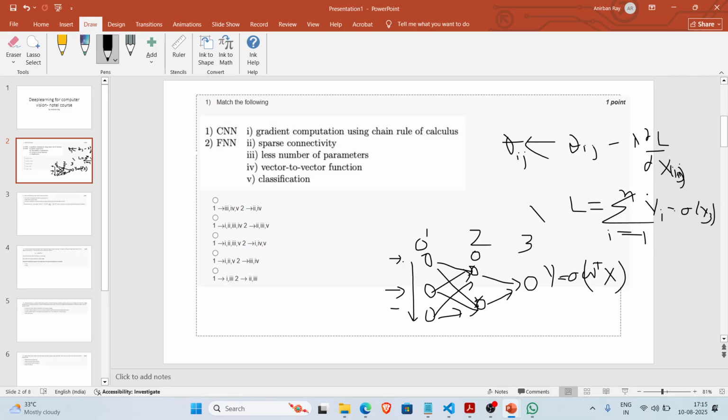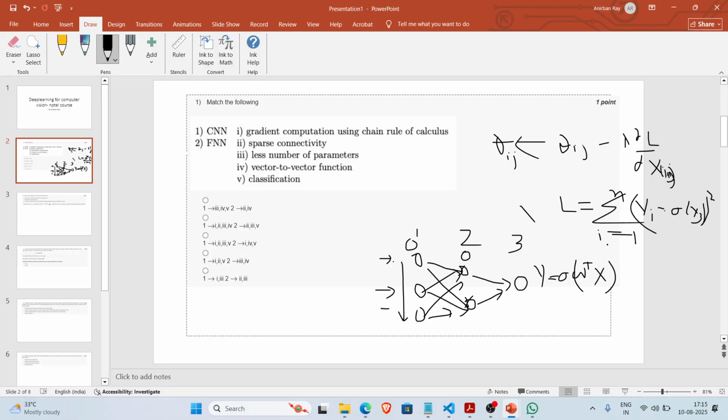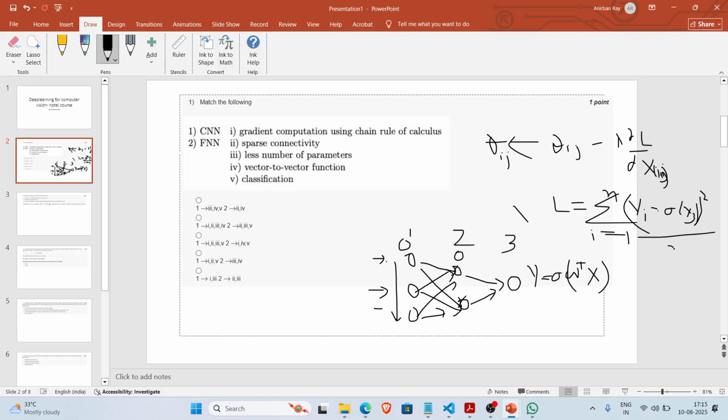This is the squared difference, divided by n. Usually a factor of 2 is also taken because the square will come out.